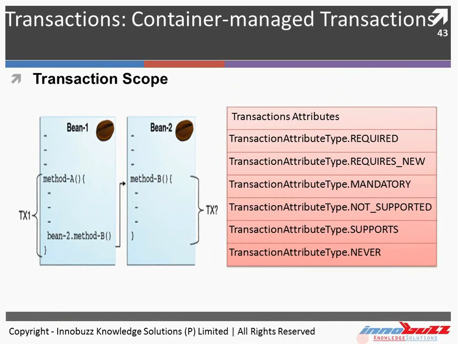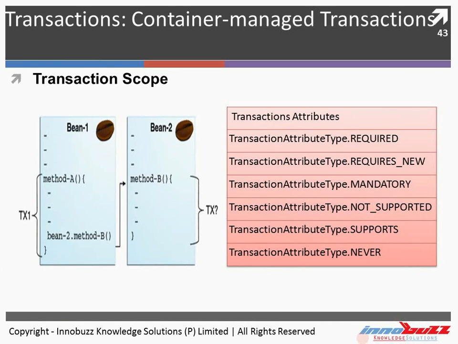So here, this is the container managed transaction. As I said, there is a bean 1, a Java class, which has a method A, and within the method it is trying to create a transaction and invoke another by calling method B. So these are the scopes of the transaction.